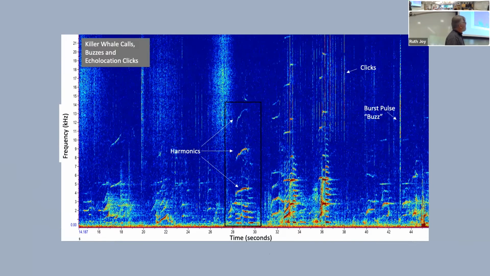Mike showed you a spectrogram. He showed you about this part. I think it stopped at 8 kilohertz somewhere. What is important to understand is that killer whale calls have harmonics way above there.